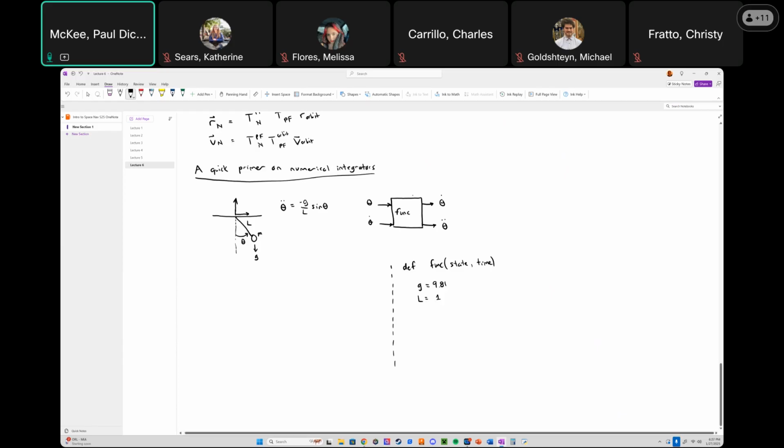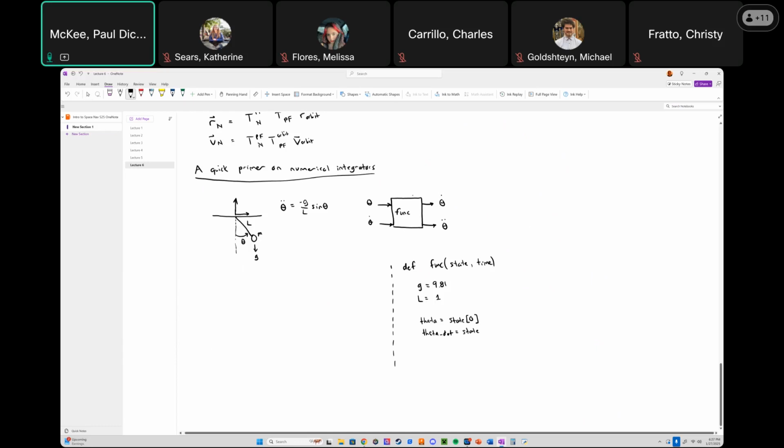We're then going to unpack this state. State is going to be an array, like a NumPy array, or a vector in MATLAB, where theta is the first element in state, since Python is 0 indexed, and then theta dot is the second element.